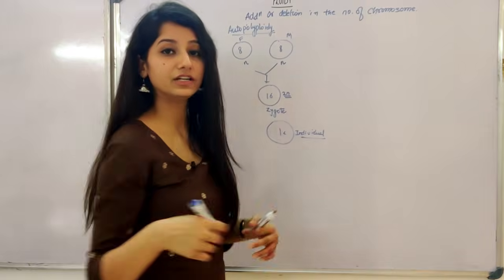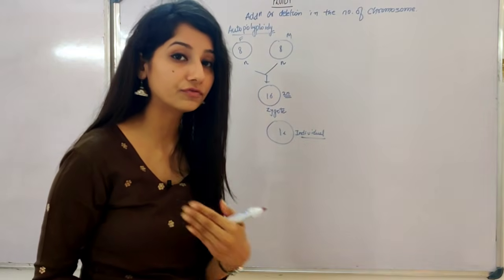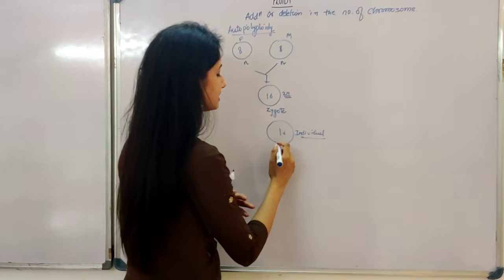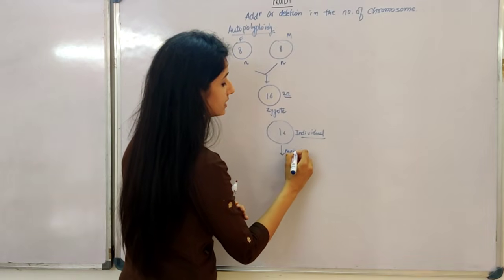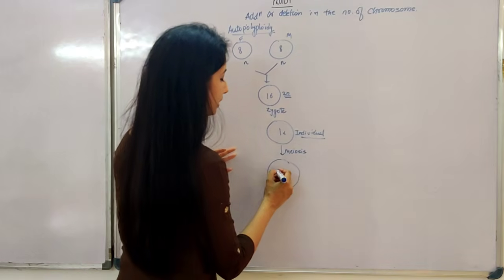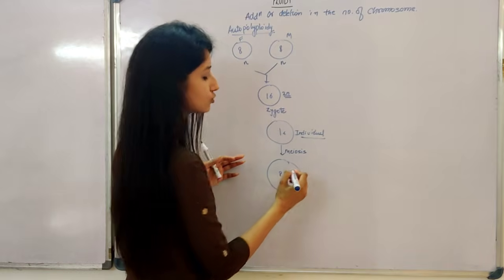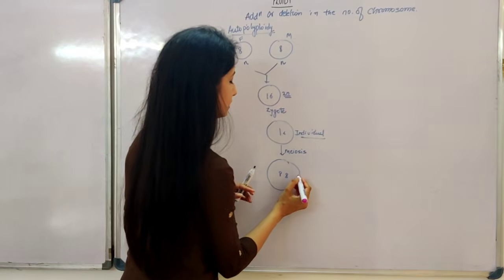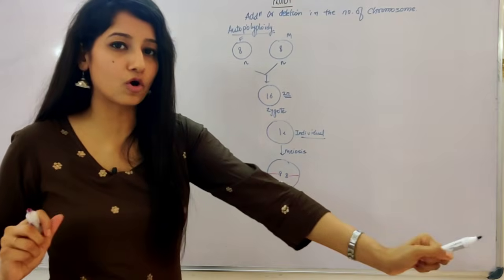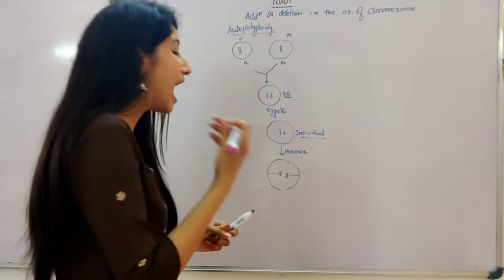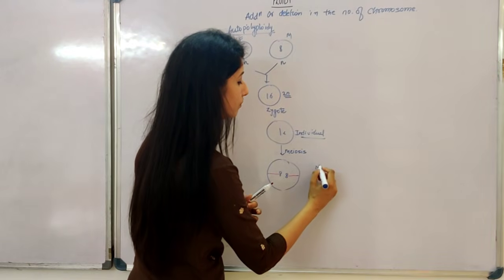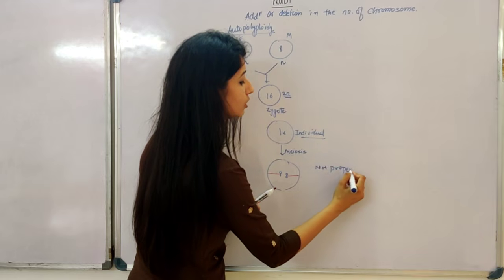Now this individual will undergo meiosis and form gametes. When meiosis is occurring, this cell is ready to go into division. 8 chromosomes will be here and 8 chromosomes will be here, and the spindle fibers will pull these 8 chromosomes in opposite directions. Okay, but for some reason this spindle fiber was not properly formed.